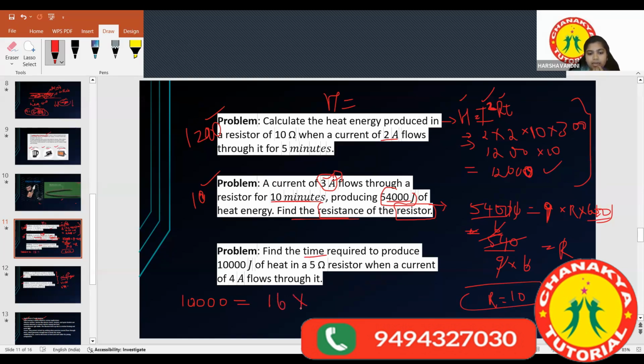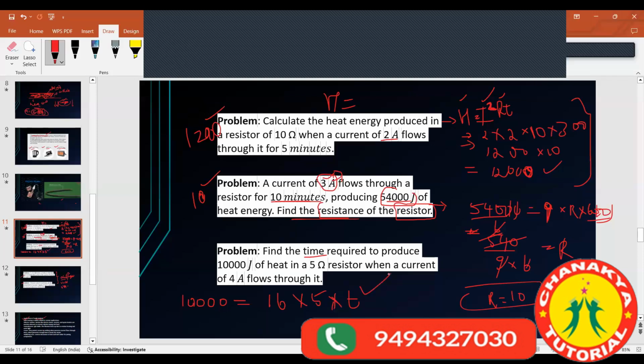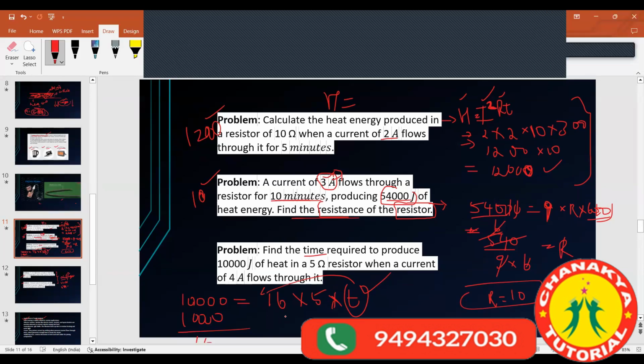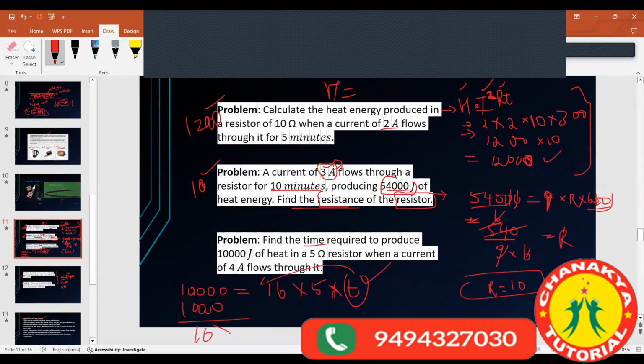I'm directly writing it; I don't want to say every step. R is 5 and then T is what we have to find. Please listen everyone carefully. Except T, I'm taking all the others to that side. So basically 10,000 by 16 into 5. I hope you can see the screen, right?